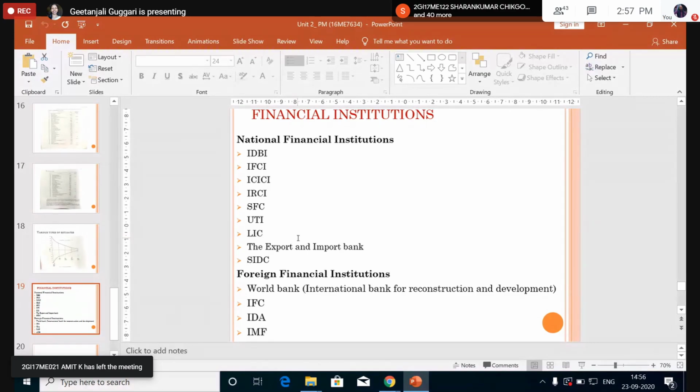Then the International Monetary Fund, IMF. So like this, so many national as well as foreign financial institutions are assisting us for successful completion of our projects.